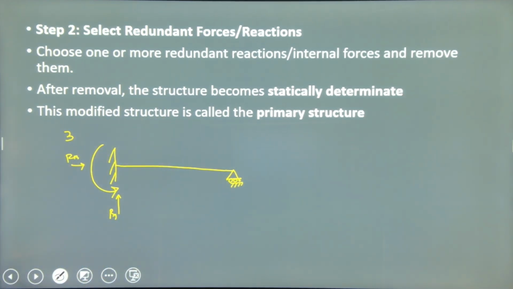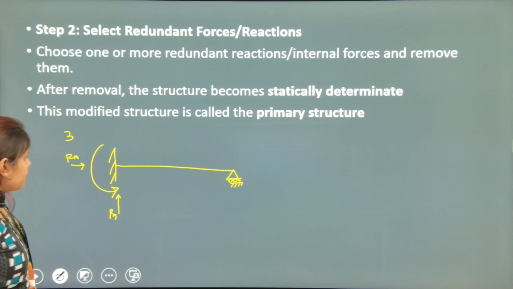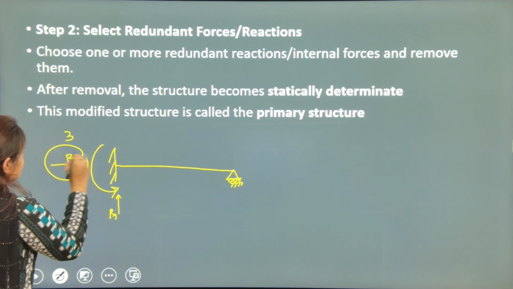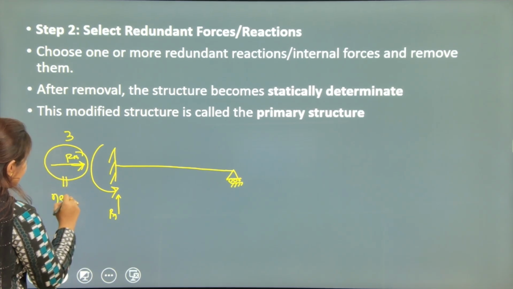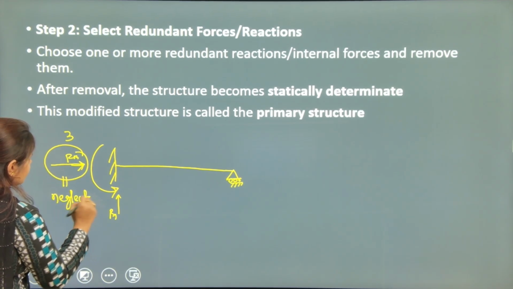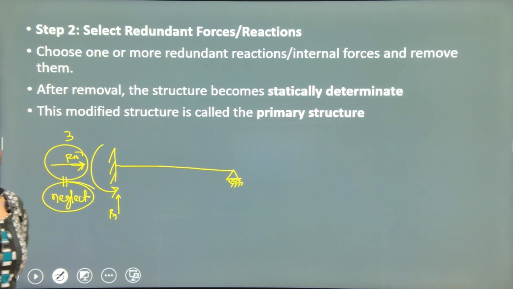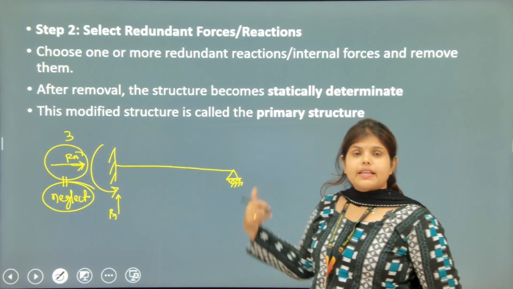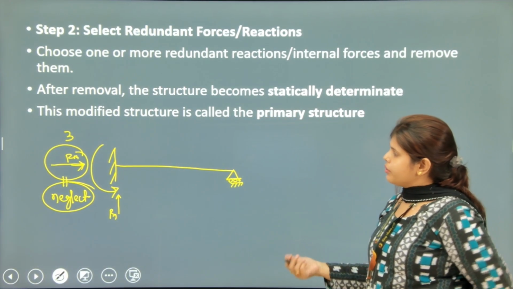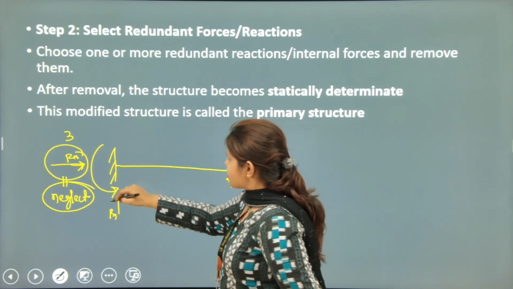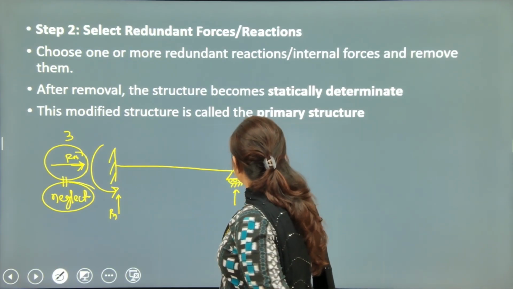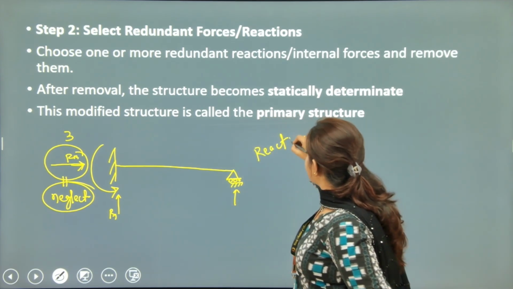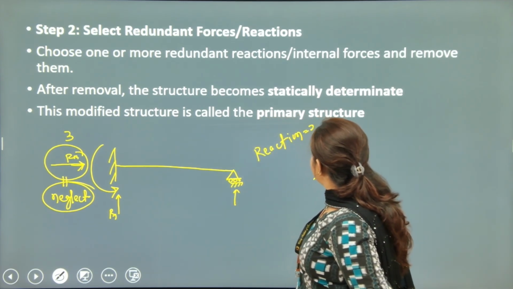Sometimes we neglect the horizontal reaction, because in case of a beam we generally don't consider the horizontal force. So here we take the reaction at the fixed support as 2, and for the roller we consider the reaction as 1. So the total reactions are 3.